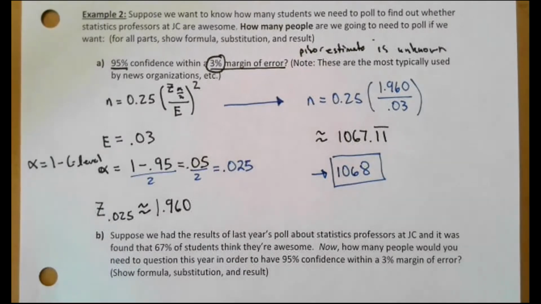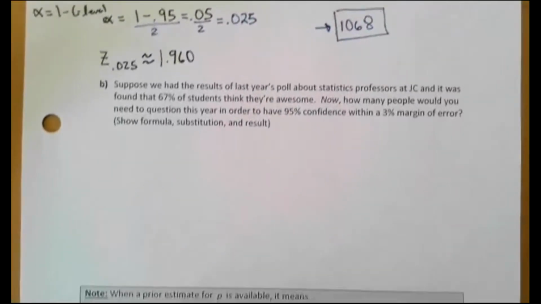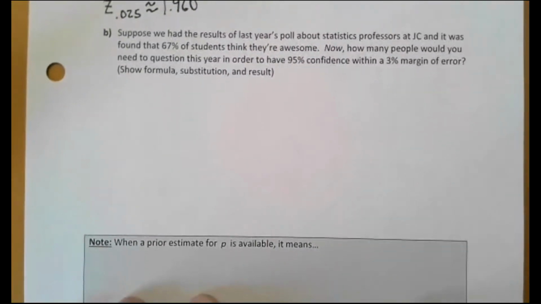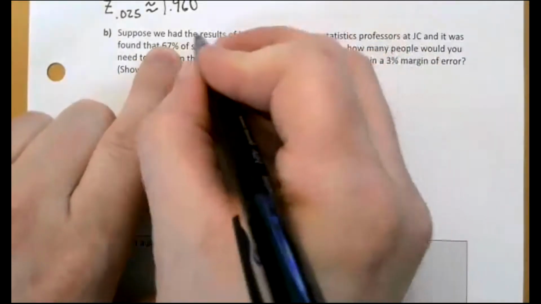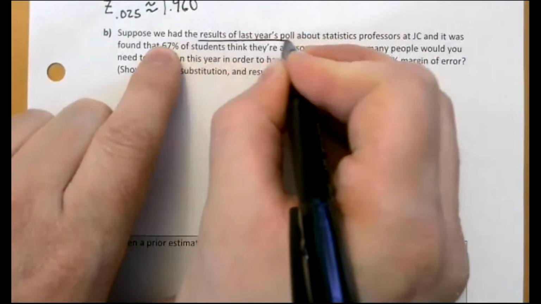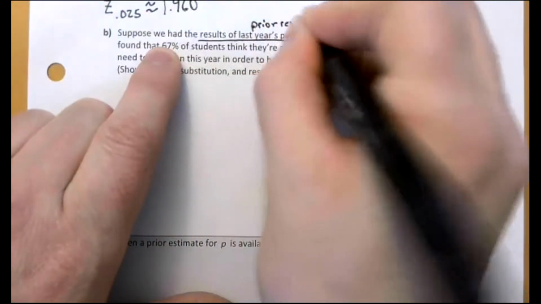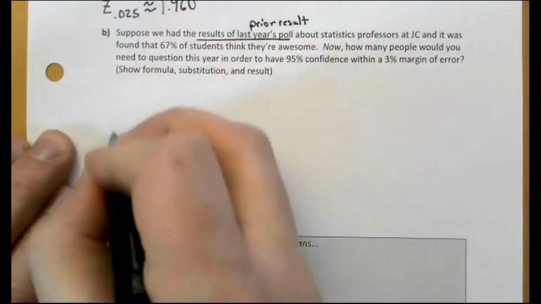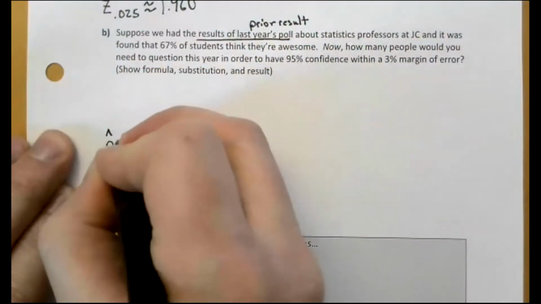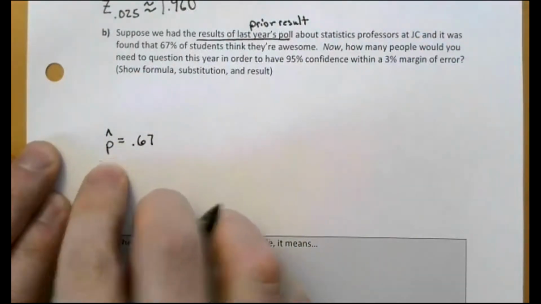Okay, let's do the second one. This is the same problem, except notice we said, suppose we had the results of last year's poll. So this is a prior result, and we found that 67% of students thought that JC professors were awesome. So that means our p hat is 0.67.